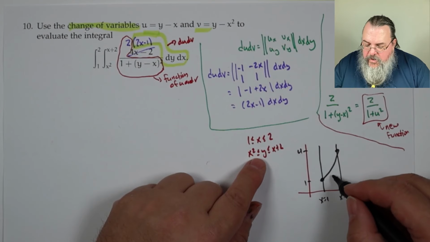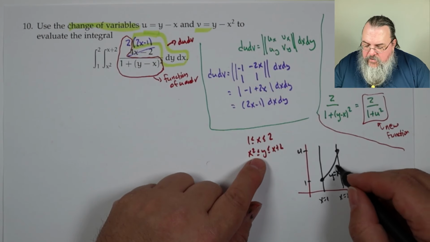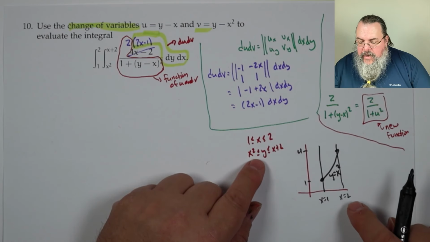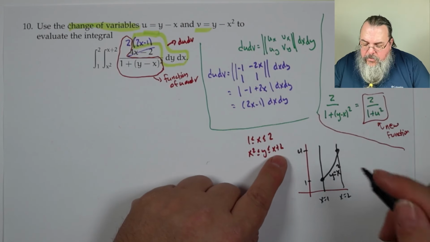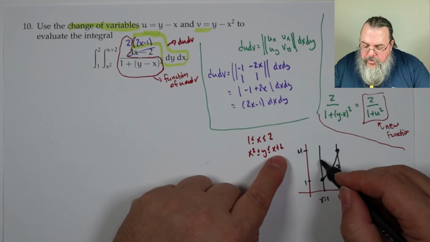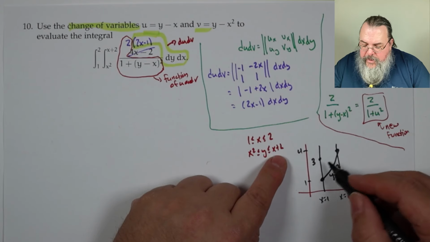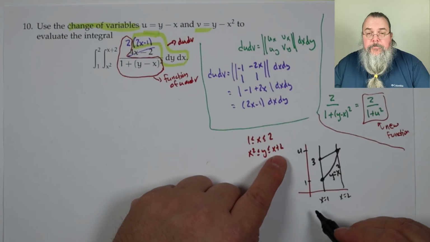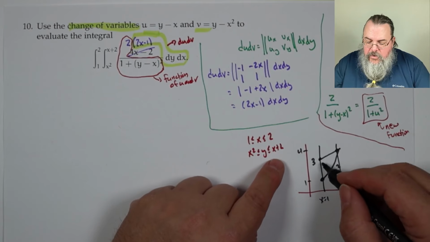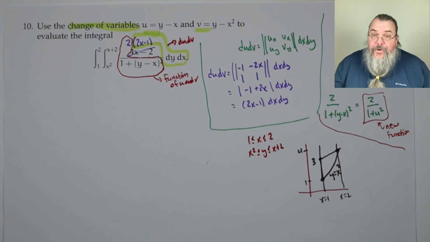So this is y equals x squared. Now, what about x plus 2? Well, at 1, we're at 3, and at 2, we're at 4 again. So our region is a triangle.